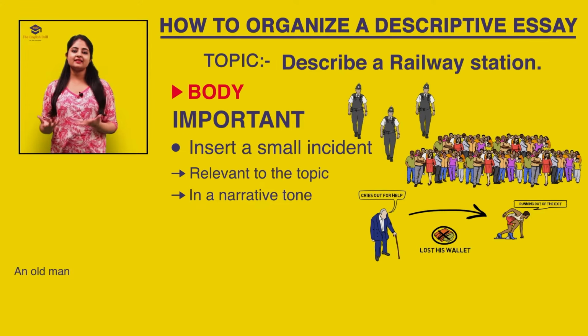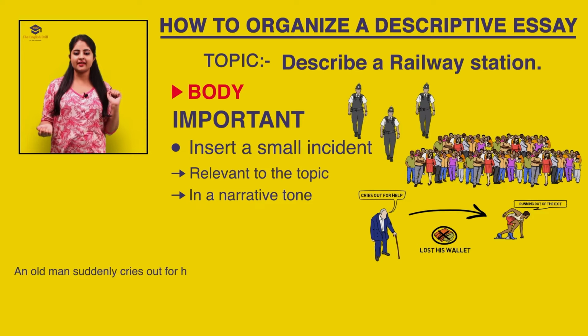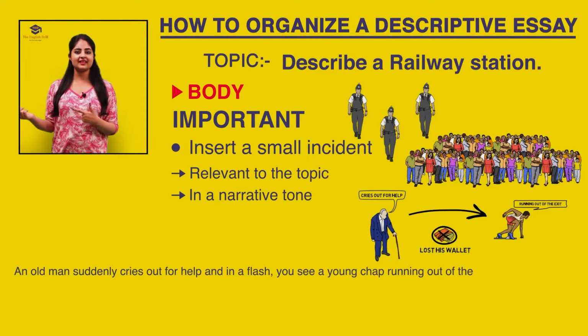An old man suddenly cries out for help, and in a flash you see a young chap running out of the exit. So this is something you witness in a railway station, and you add it in a narrative tone in your essay, as if you're telling a story.